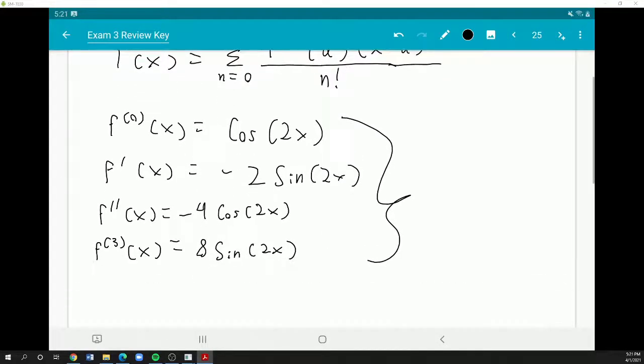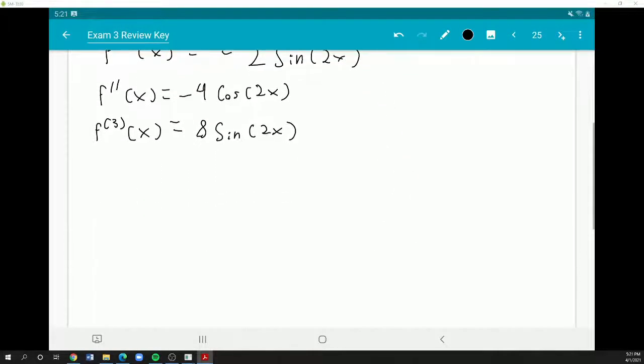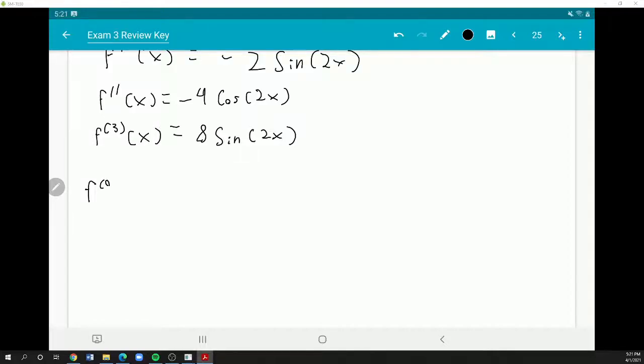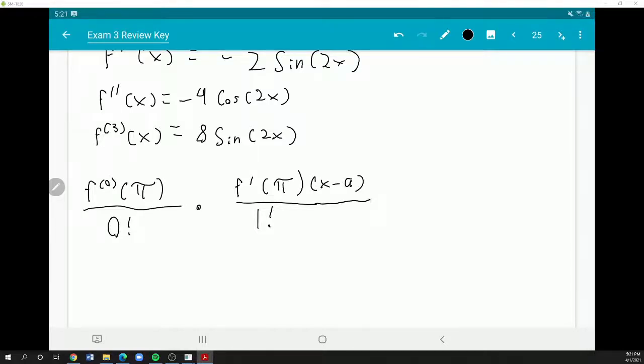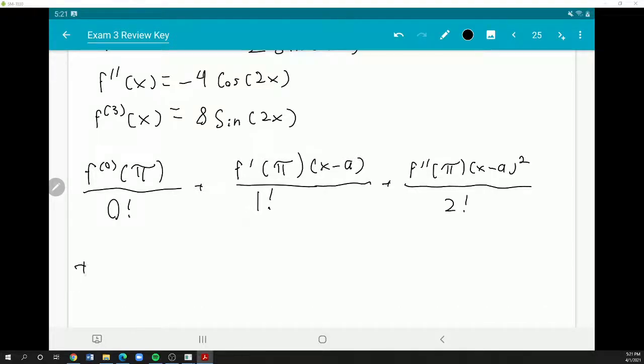Okay. So then the first 4 terms are going to be f0 at pi over 0 factorial times x minus a to the 0, which is 1, plus f prime at pi over 1 factorial times x minus a, plus f double prime at pi, x minus a squared over 2 factorial, and then finally plus the third derivative at pi.